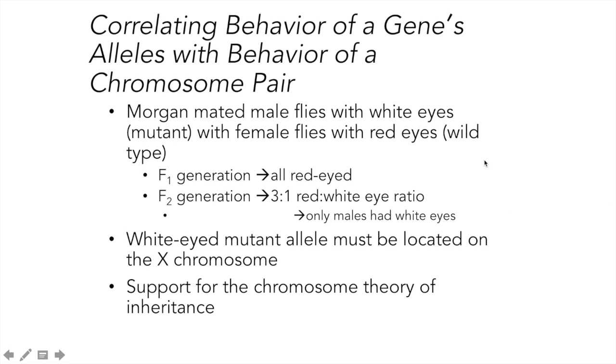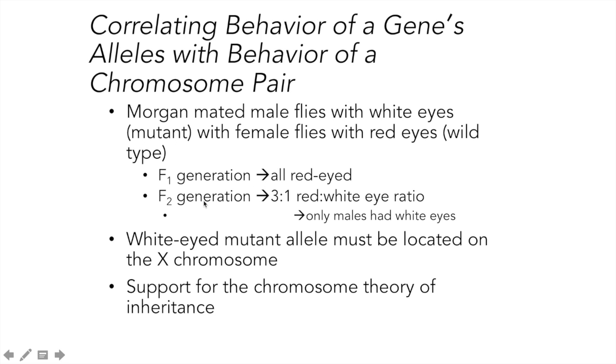So if it had a characteristic that was just like the ones that he collected from nature, that's what he called wild type. And the white-eyed flies were mutants that he had generated by zapping them with DNA-harming substances. And again, these are fruit flies, so nobody from PETA was around to say, hey, you shouldn't be mean to those fruit flies.